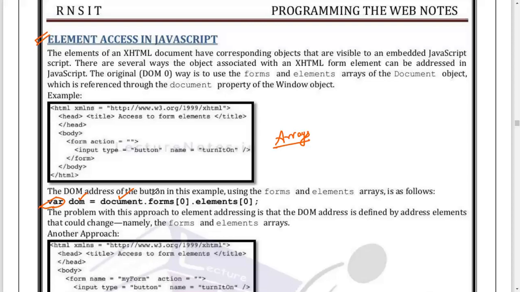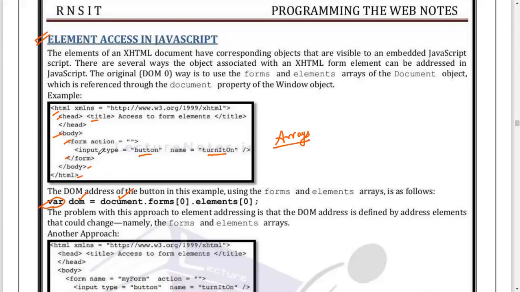Under the document we have several forms: form 1, form 2, form 3. See, we have this example here: an HTML tag, a header tag, a title tag, a body tag, and a form. Within that form I have one button, an input of type button with some name given to it, and then we close the body tag and the HTML tag.